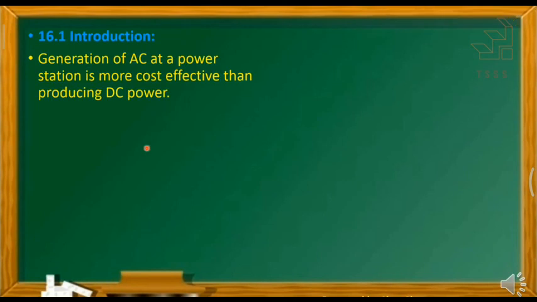Coming to diode as a rectifier. Introduction. Generation of AC at a power station is more cost effective than producing DC power.